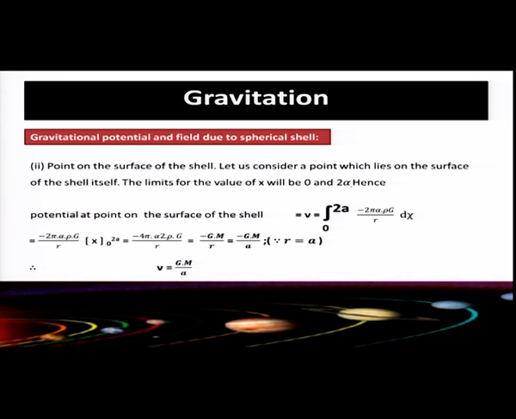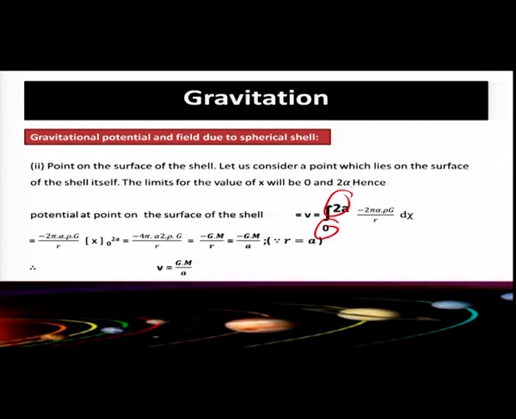Now, let us discuss the second case, that is the gravitational potential and field due to a spherical shell. First we have discussed the case where the point is outside the spherical shell. Now, we are going to discuss the point on the surface of the shell. In order to derive an expression, you consider a point which lies on the surface of the shell itself.